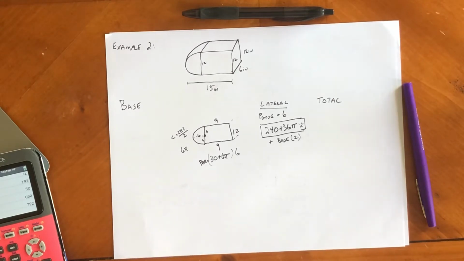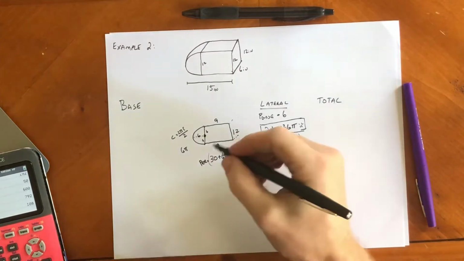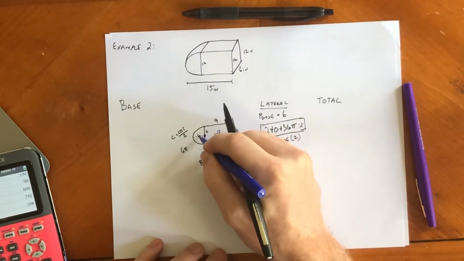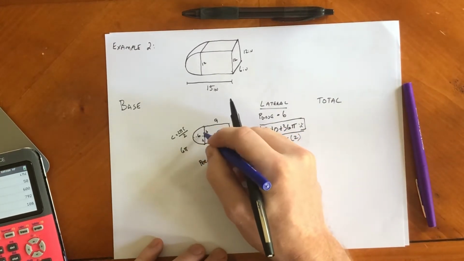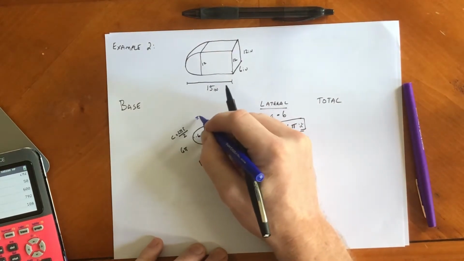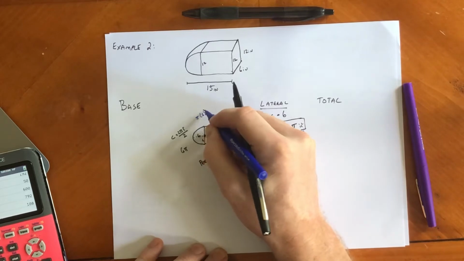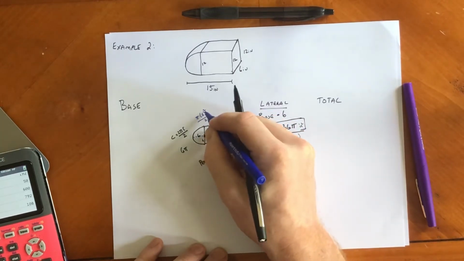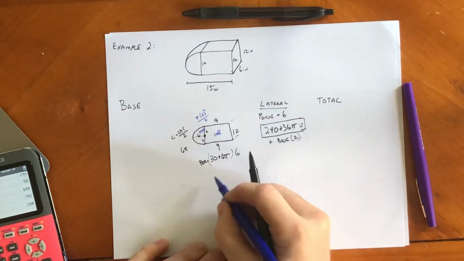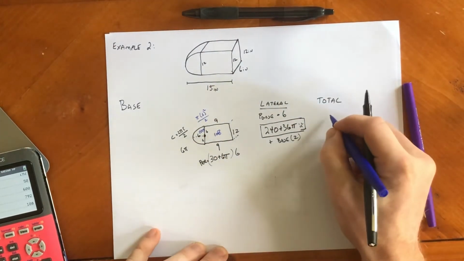So 9 times 12 is going to be 108. And then the area of this thing is going to be pi r squared divided by 2, because it's going to be half my circle. So pi times 6 squared divided by 2. 36 pi divided by 2. 18 pi.